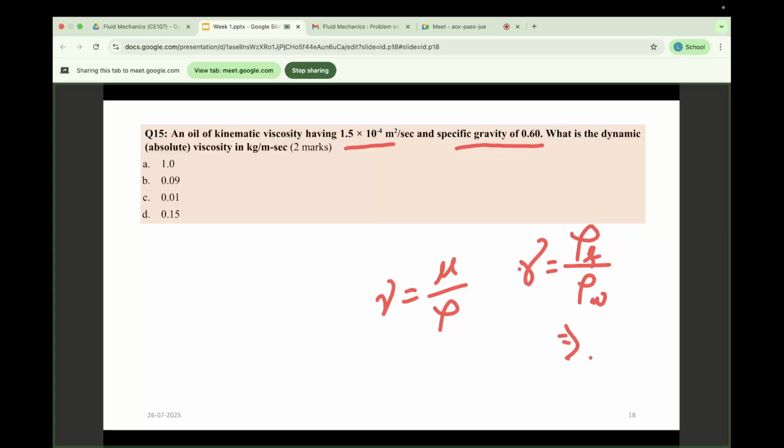So that means here the density of this fluid equal to, already this value is given as 0.60 into 1000. So that means it's 600, and already this value is given.